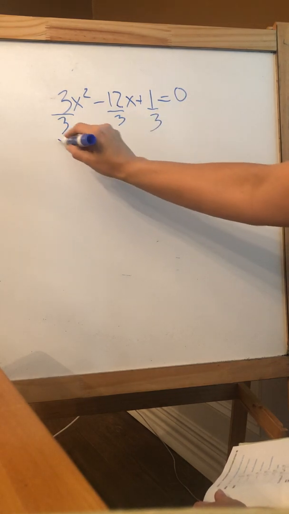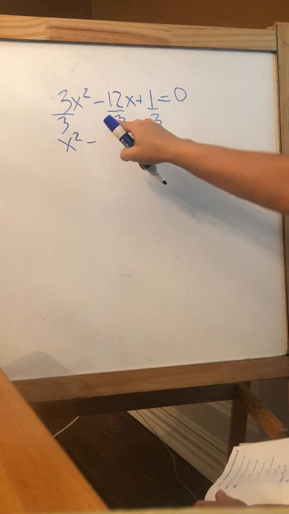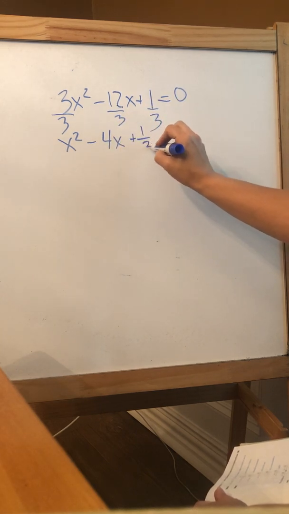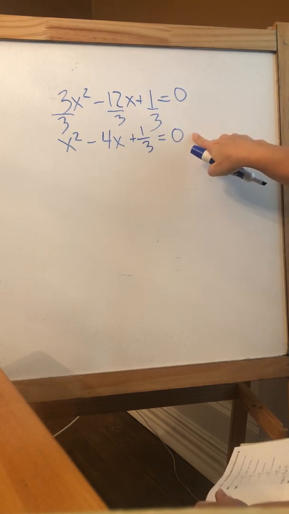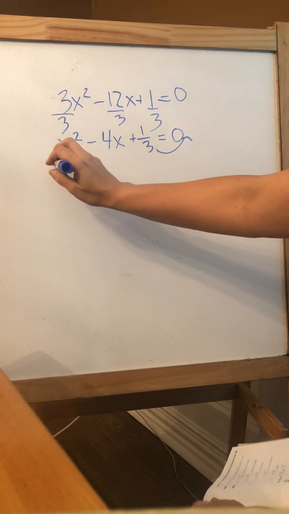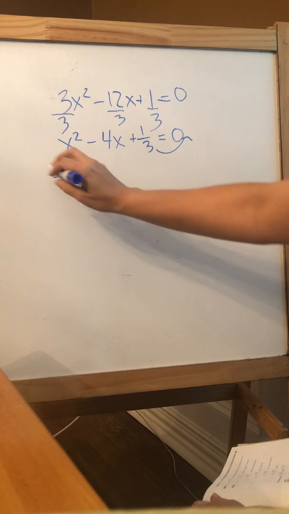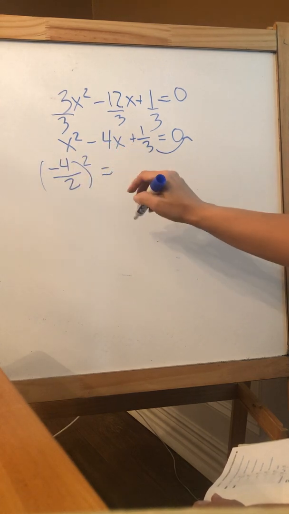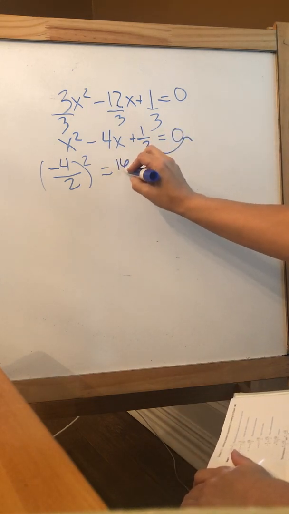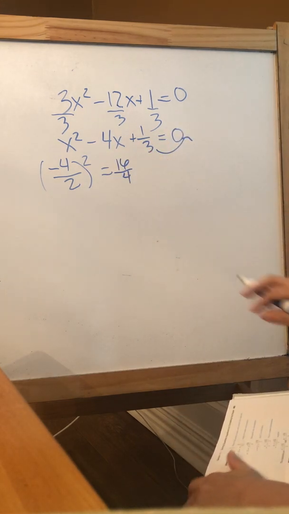All right, so our new equation says x squared minus 4x plus 1/3 equals 0. So we're going to subtract 1/3 to this side, and we're going to find our new c value by saying -4 divided by 2 squared, okay, which is 16 over 4.